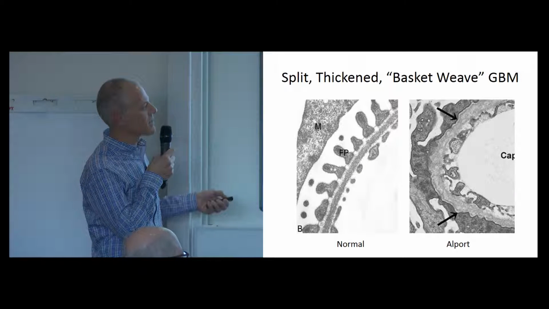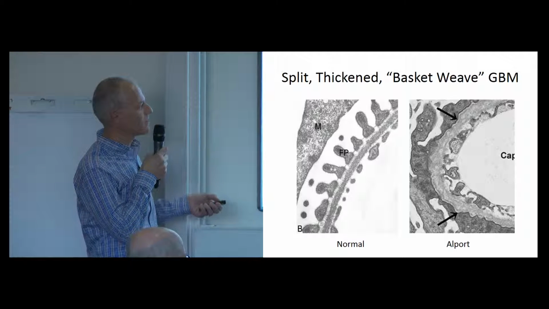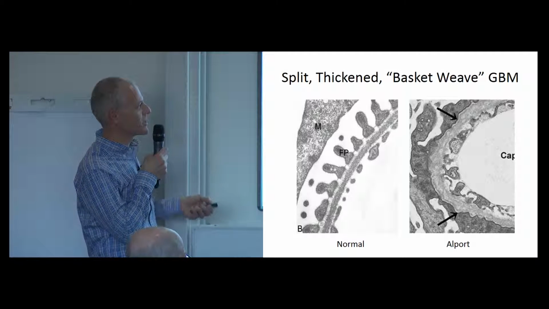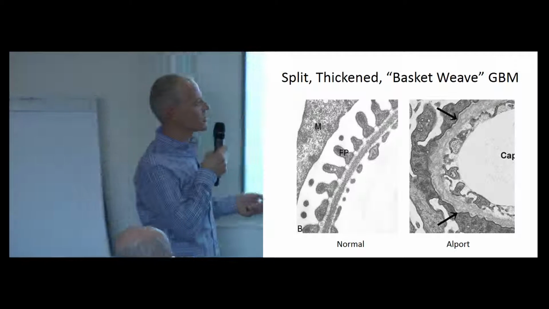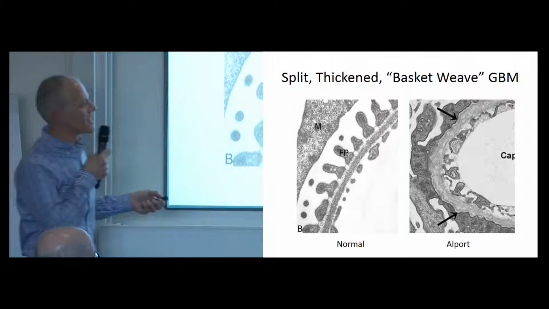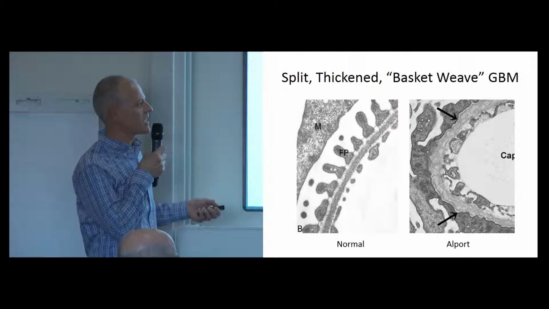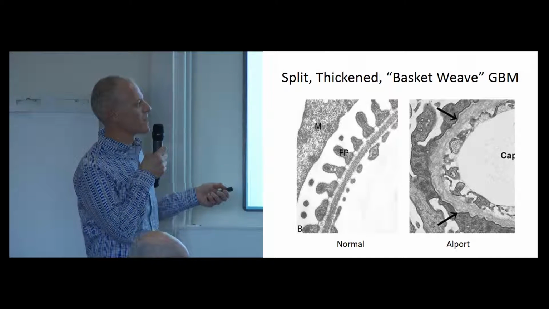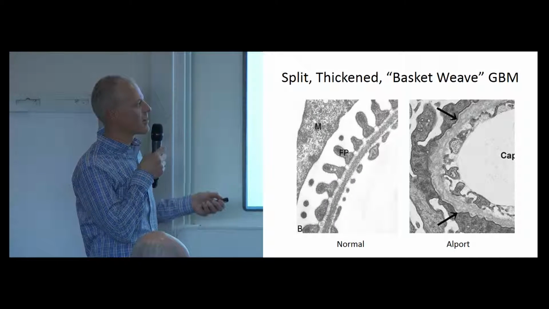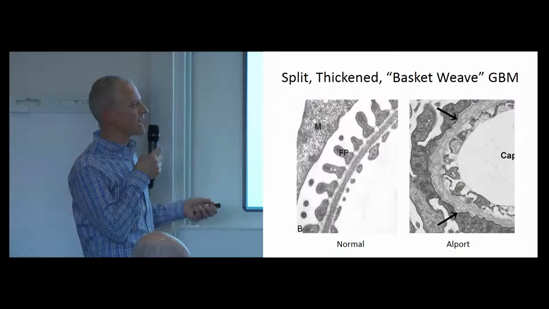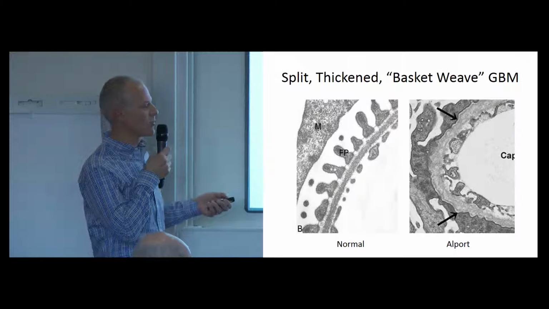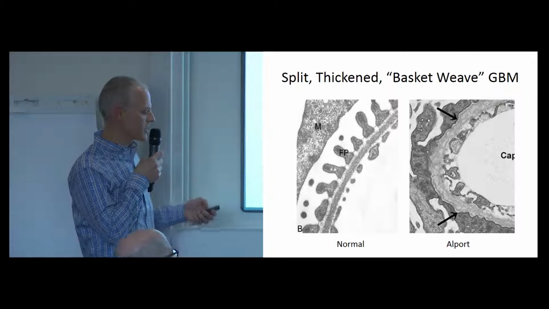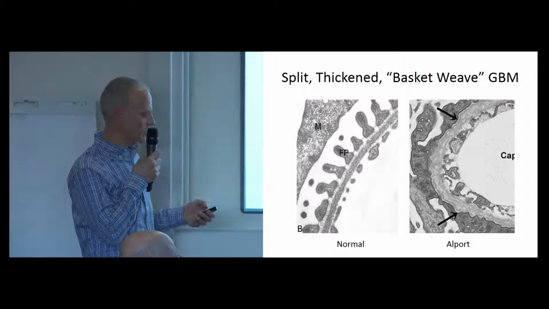So this glomerulus would be unable to filter as well as this glomerulus because there isn't enough space for the filtrate to flow across. In addition, the defect in the basement membrane can have numerous alterations on the glomerular barrier such that molecules such as albumin and other proteins would more readily cross into the urine. And that's how protein shows up in the urine.